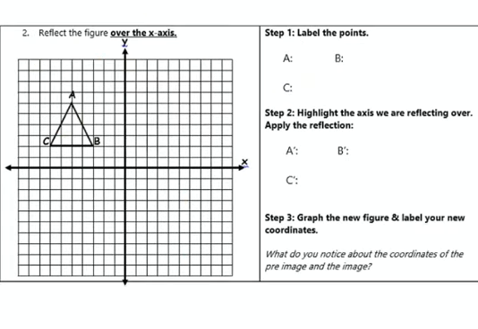Okay, reflect over the x-axis. So circle the axis that you're going to reflect over, the x-axis. Highlight it on your paper so you don't do it over the wrong one and do more work than you need to do. Okay, label the points. So point A. Okay, we're moving over 1, 2, 3, 4, 5 to the left. So point A is -5.